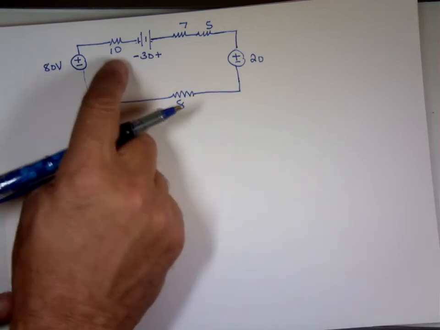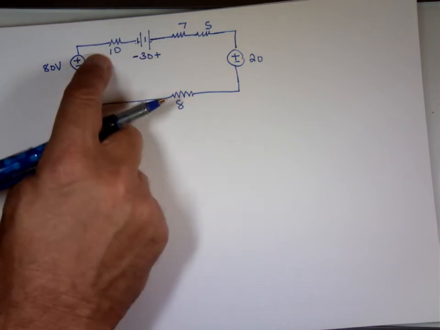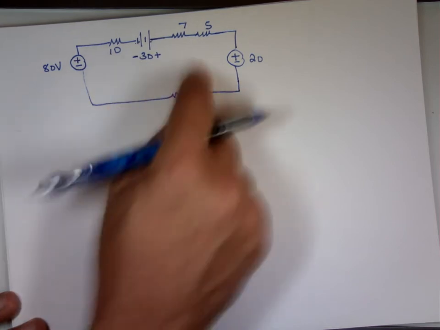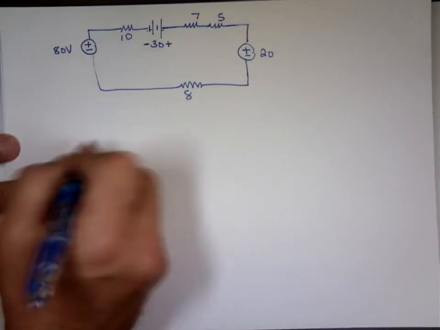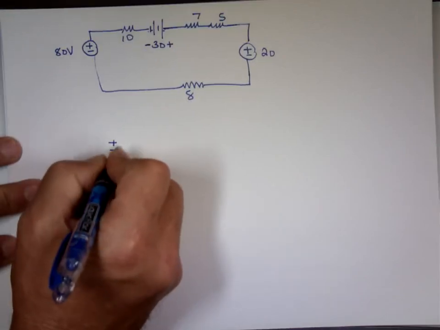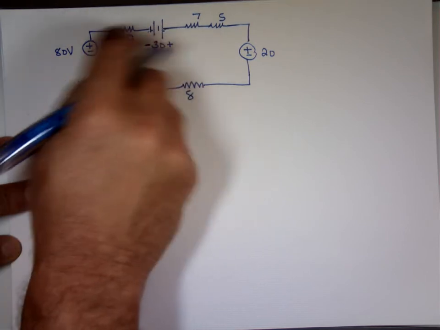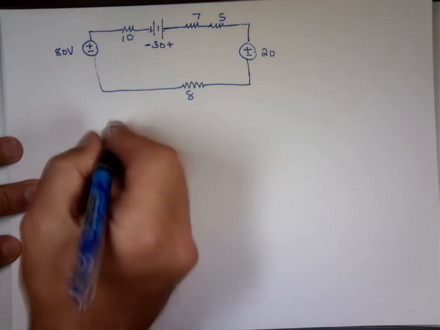It doesn't really matter if you put the resistor first and this one second, or this one first and this one second. It does not change your answer. If I'm looking for the current through that, that will not affect my answer. So if I move them around, I take the 80, I say, you know what, I'm going to move this next to the voltage source. Notice, slide it, the minus on this end, the plus on that end.